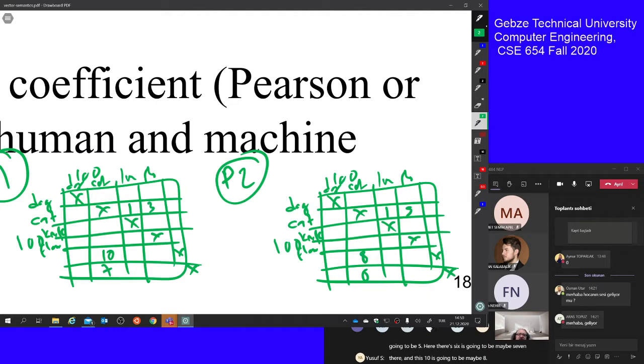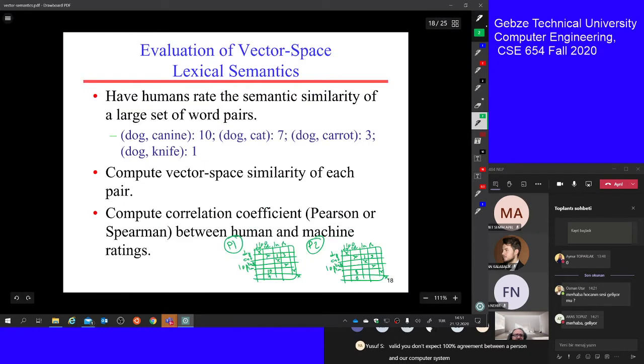So these two people are not in full agreement. There is some similarity and some differences between them. So you don't expect 100% agreement between human and human. The same is valid between a person and our computer system, because I don't have the ultimate ground truth for any natural language processing task.